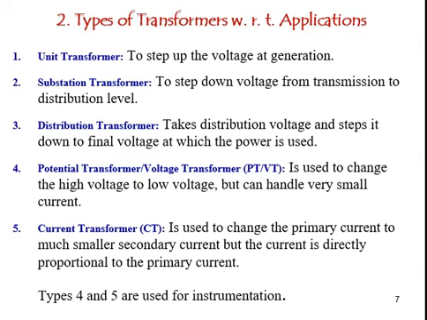The potential transformer or voltage transformer, also known as PT or VT, is used to change high voltage to low voltage but can handle very small currents. Similarly, the last type is called the current transformer or CT, which is used to change the primary current to much smaller secondary currents, but the current is directly proportional to the primary current.